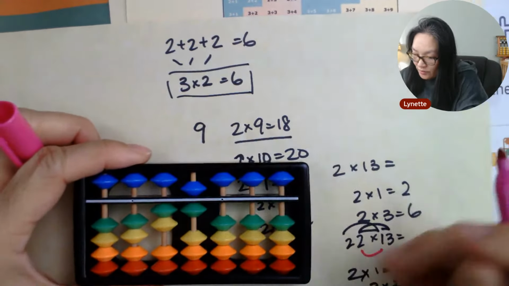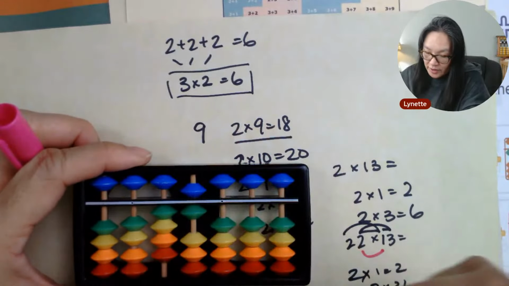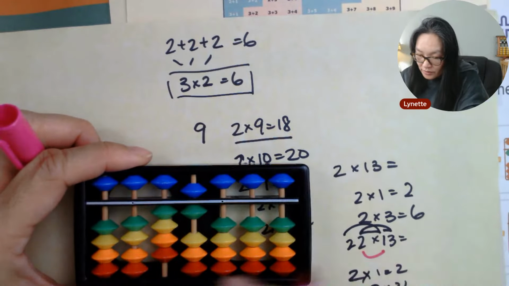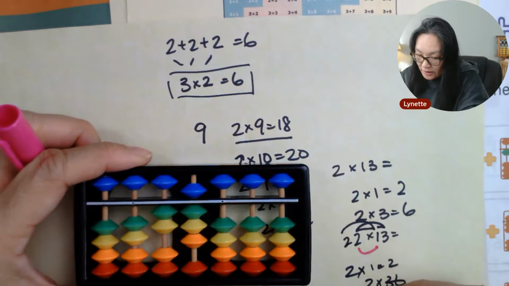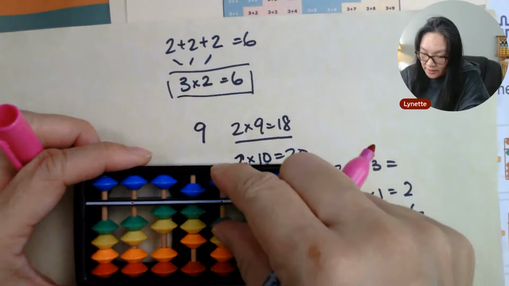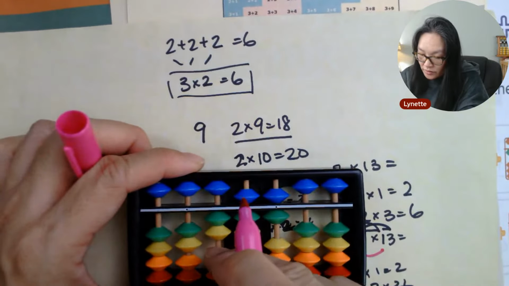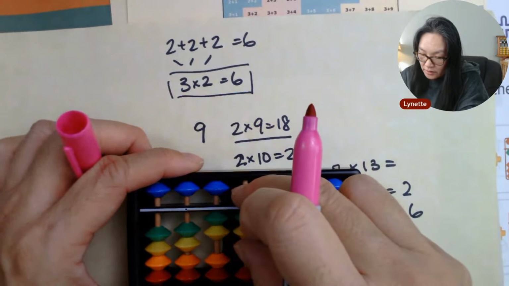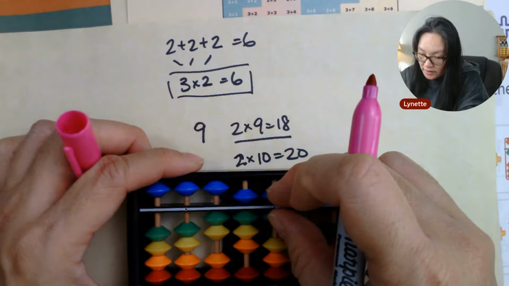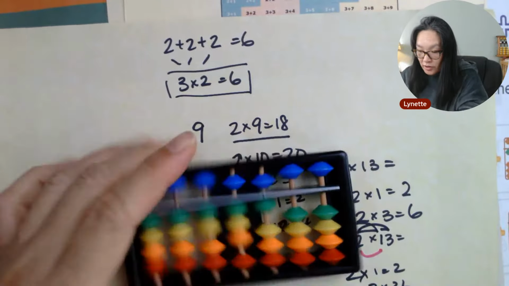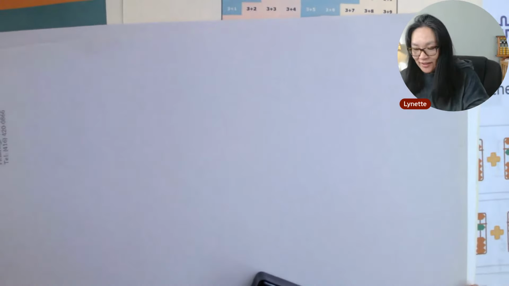So now we're onto this one, and we do it again. We do 2 times 2, and then 2 times 6. So my answer is 286.